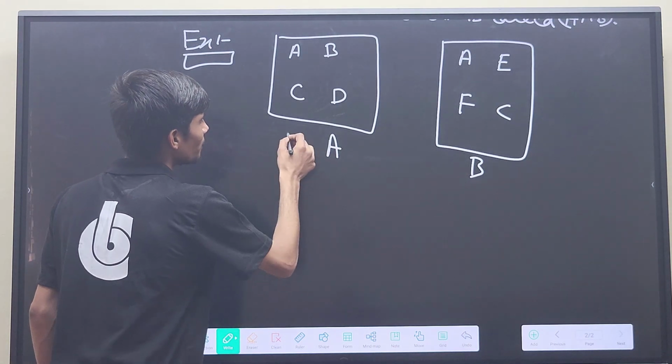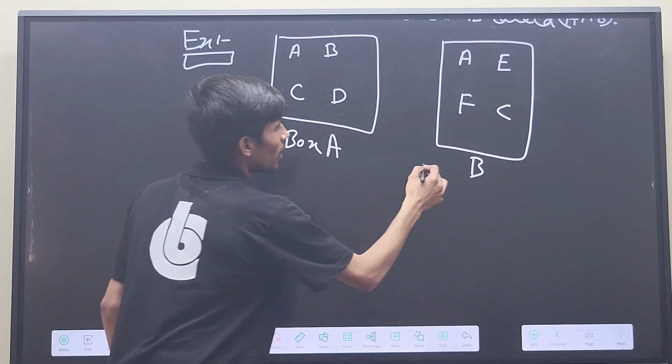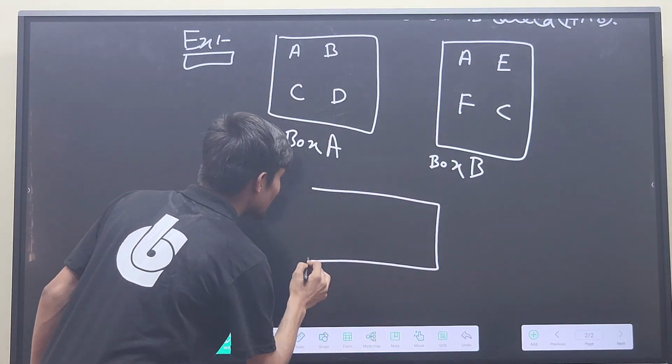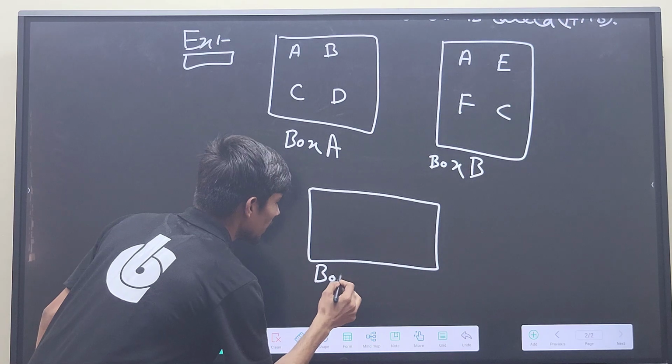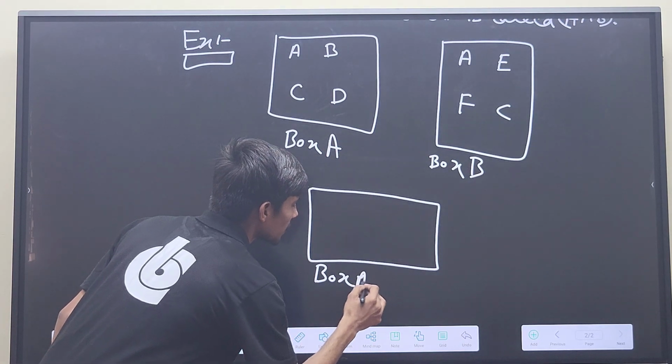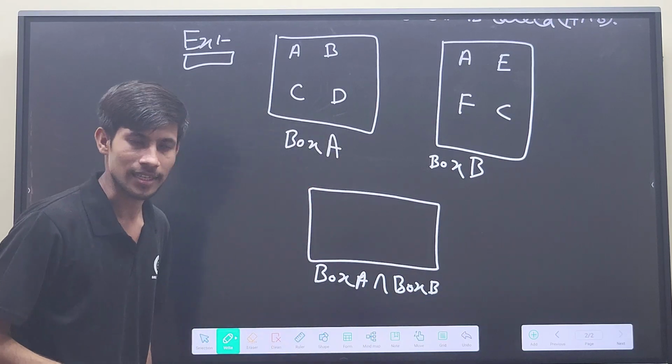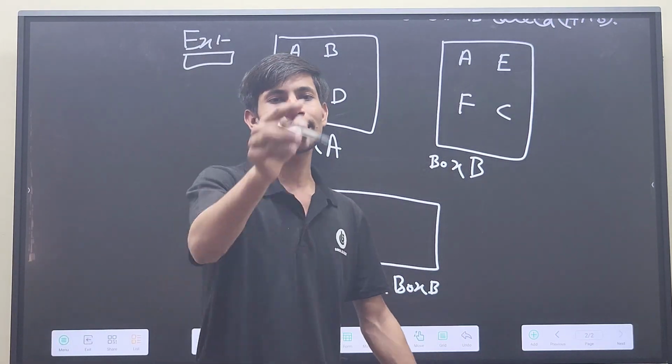So if this one is box A and this one is box B, we can write here box A intersection box B.